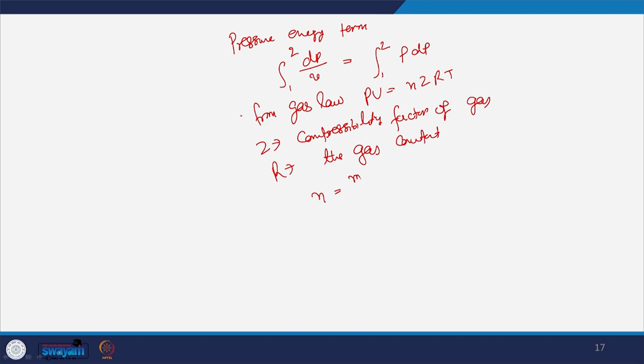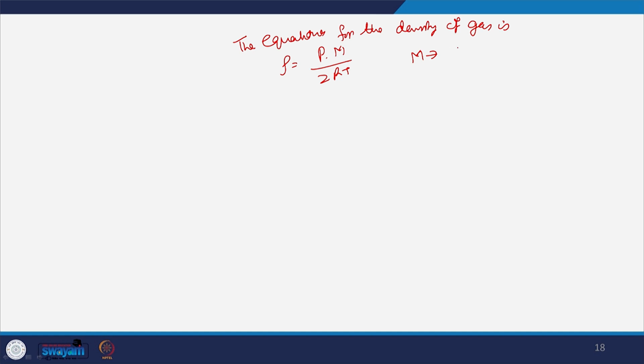So, n is equal to m upon M, and rho is equal to m upon V. The equation for the density of a gas is rho is equal to P M upon ZRT, where M is the average molecular weight of the gas.